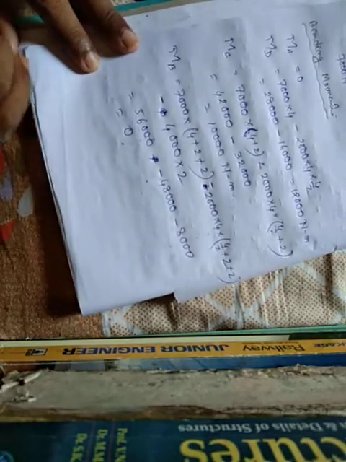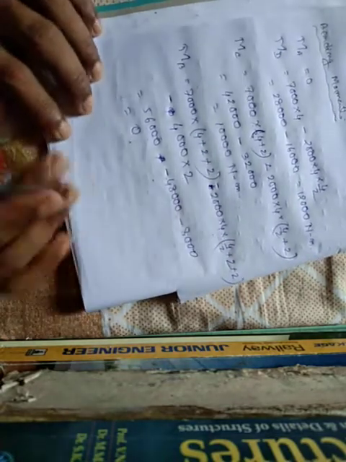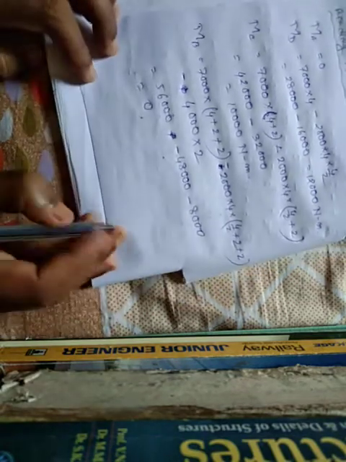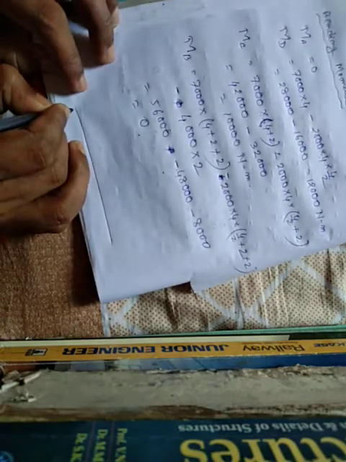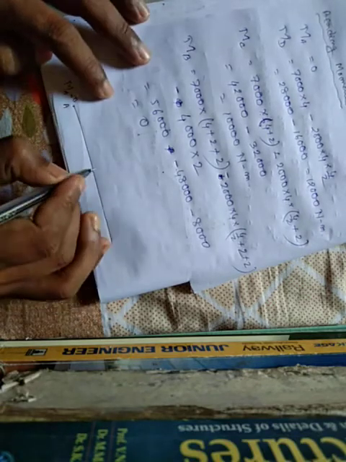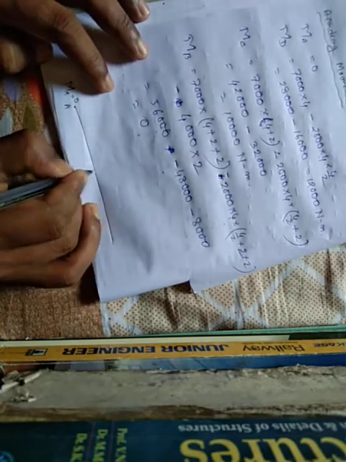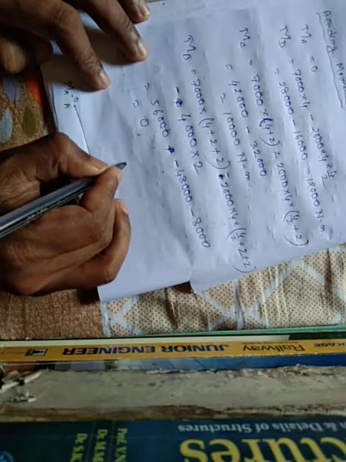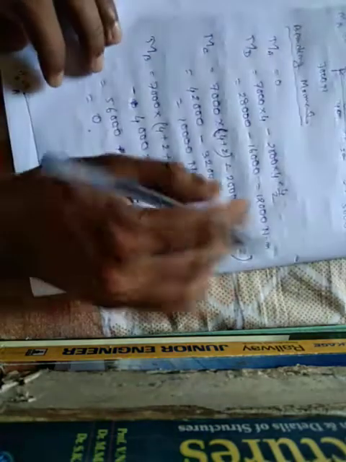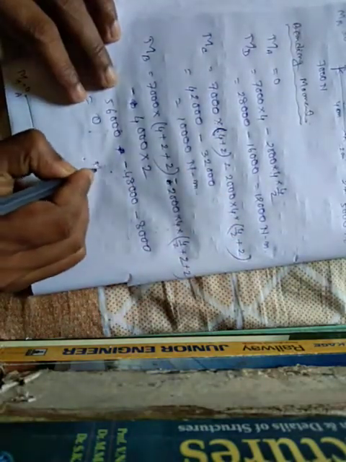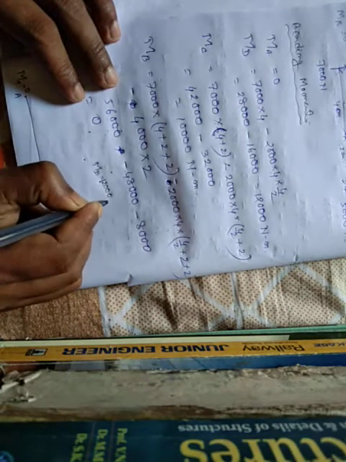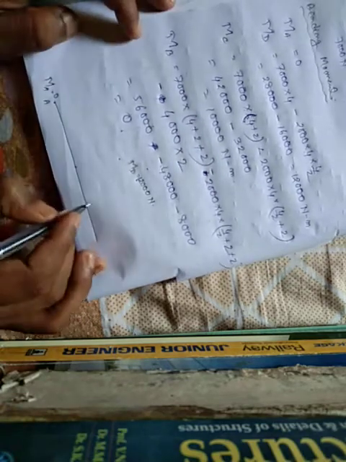Now draw the bending moment diagram. This is the beam. Moment at point A is equal to 0. Moment at point D is 12,000 Newton meter.